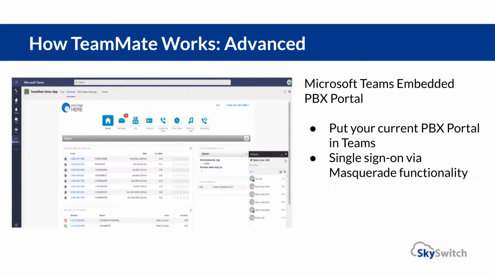Anything you can do from the portal is easily achieved from within Teams itself. So everything lives within the Teams environment, and you're able to manage both your Teams interactions and your regular PBX interactions all within a single interface.